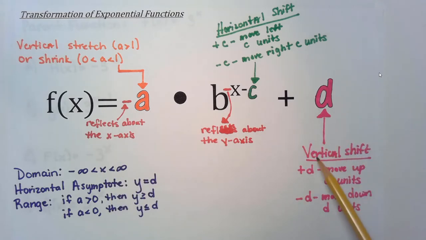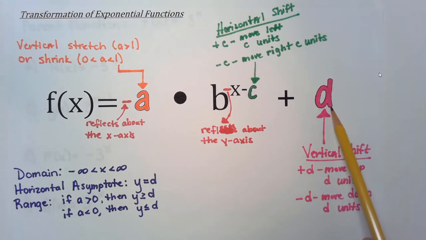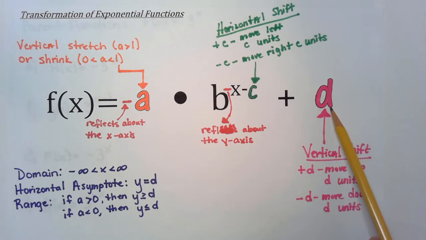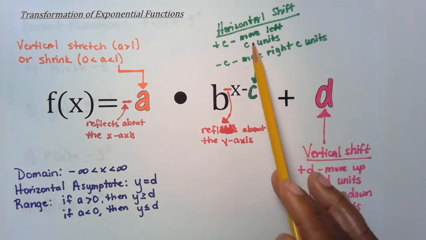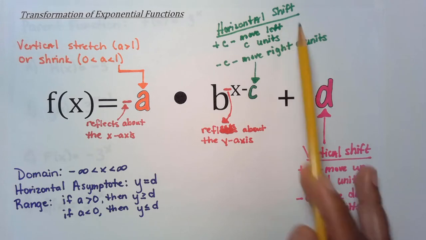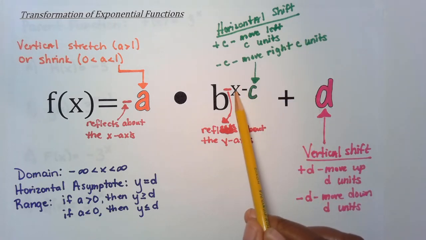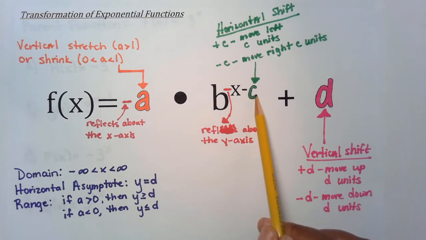Now, what you're used to, the vertical shift. If that number is positive, we move up that number of units. If it's negative, we move down. Now, where the horizontal shift comes in is if we attach a term next to the exponent of the variable x.